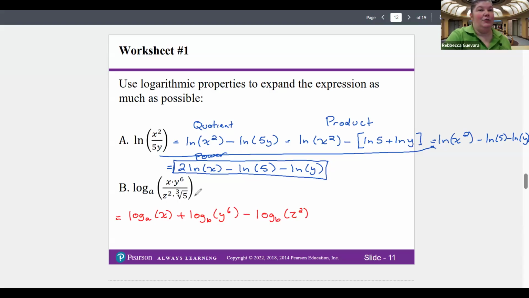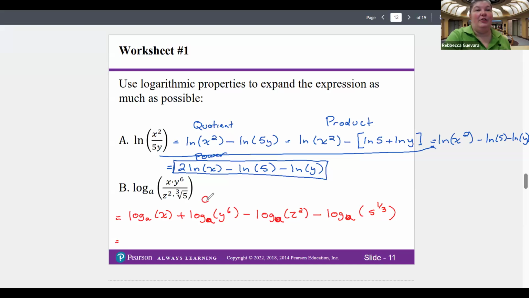And then that cube root, we'll write as what it is, 5 to the power of 1/3. That's on the bottom again, so we do minus log base, oh, a, not b. I got so used to the base b's, I kept making base b's. Base a of 5 to the power of 1/3. So we know that's what it's going to become.